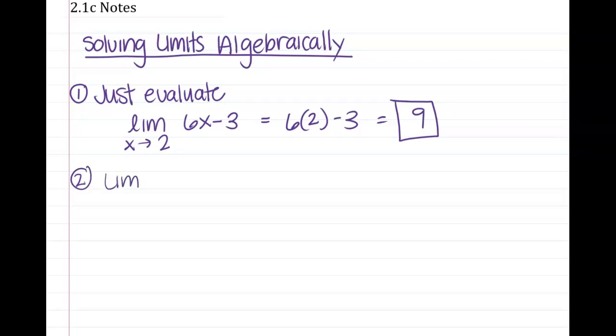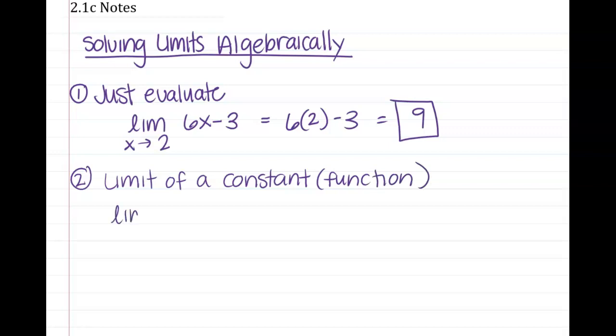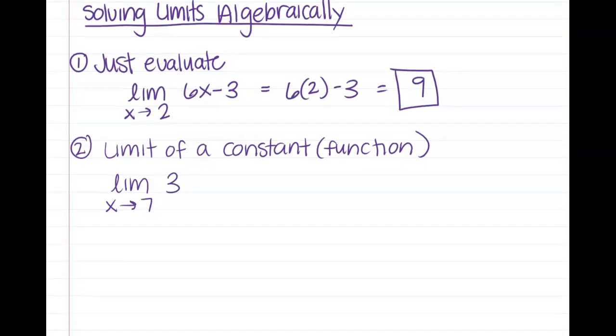Sometimes we have the limit of a constant. Keep in mind that constant is technically a function. So if we're looking at the limit as x approaches 7 of 3, let's think about what this really is. Let's draw a coordinate plane over here.